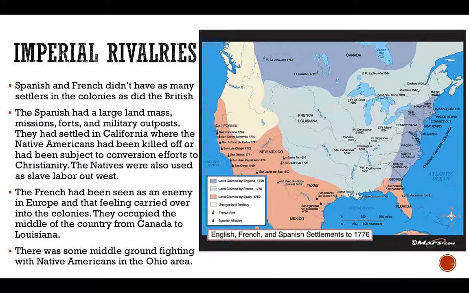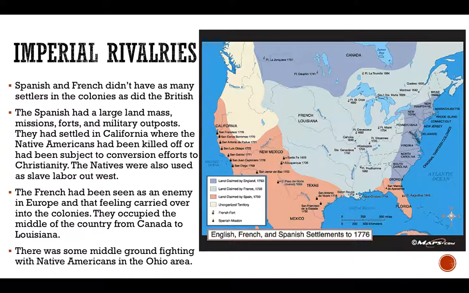And the French, you can see this middle swath of the light blue or gray, however you see that. They still had this relatively large land mass as well, but it was very sparsely populated by French people. They'd been working with the Native American groups to work within the fur trade industry.